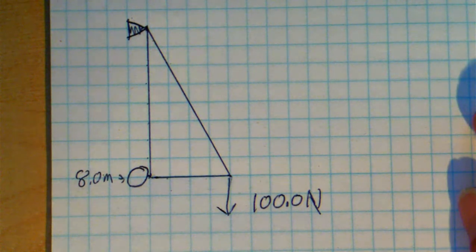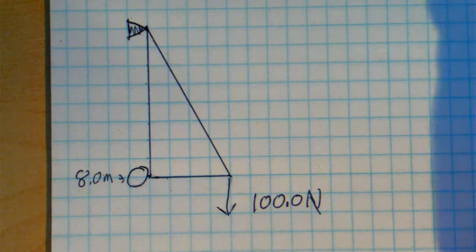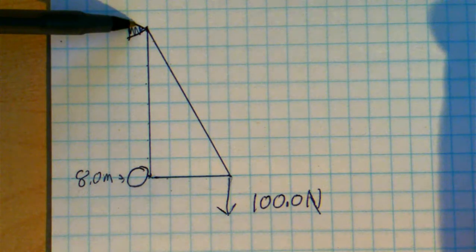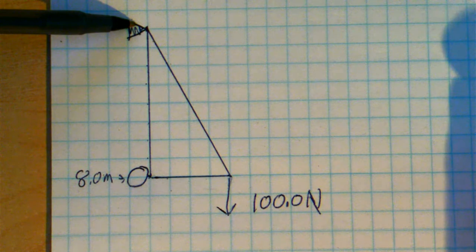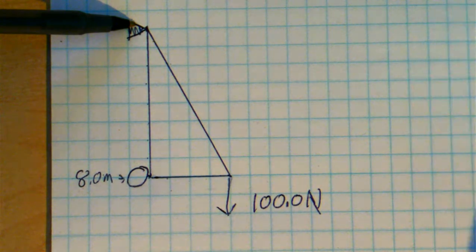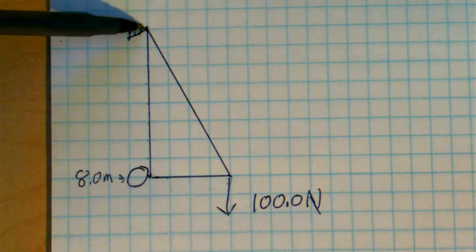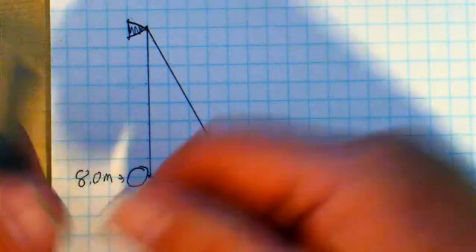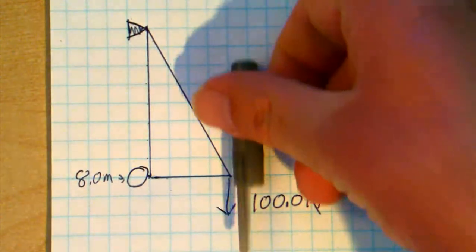For starters, I could pick the pivot point to be my axis of rotation and calculate what the moment is for this load about that pivot point. My favorite is to slide the forces along their line of action.